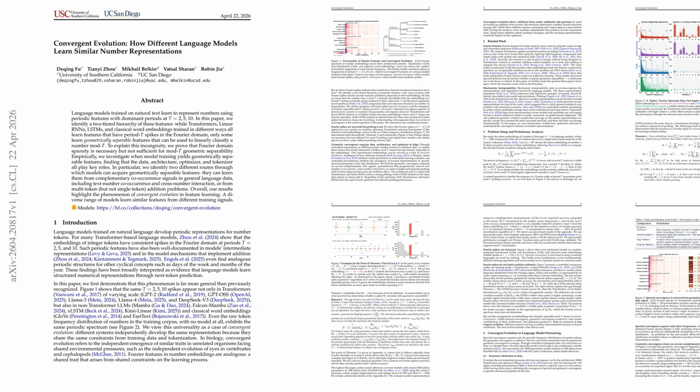Let's explore the second paper, Convergent Evolution: How Different Language Models Learn Similar Number Representations. Wu, Zhou, Belkin, Shaoran, and Jia show that number embeddings in language models exhibit two distinct levels of convergence.